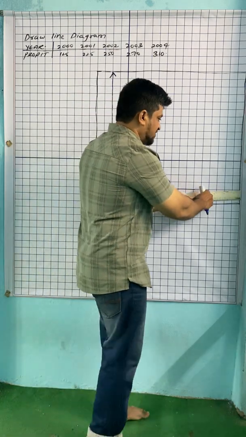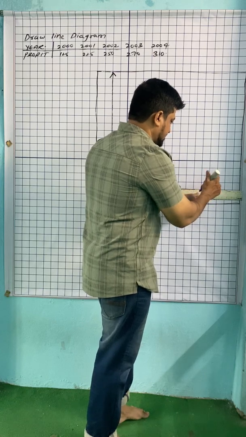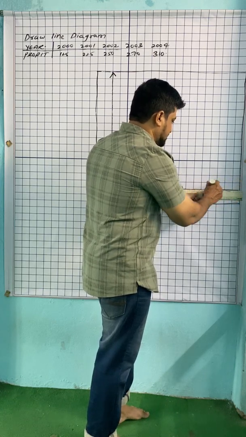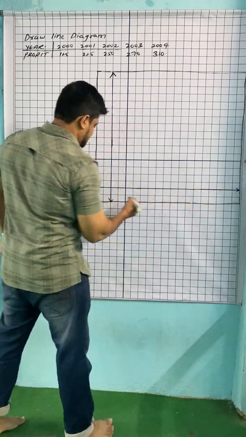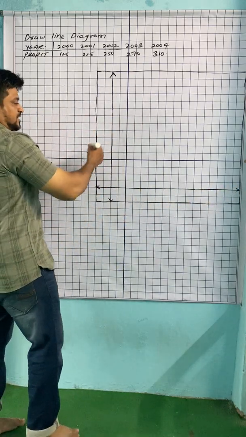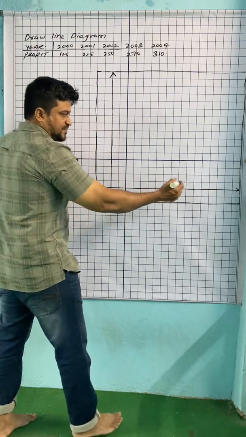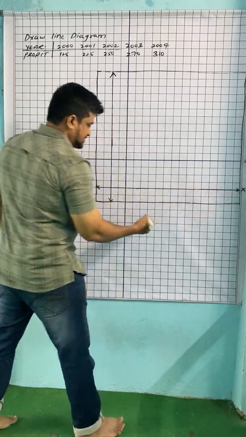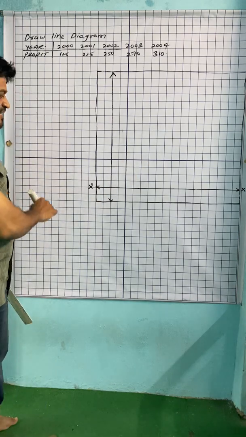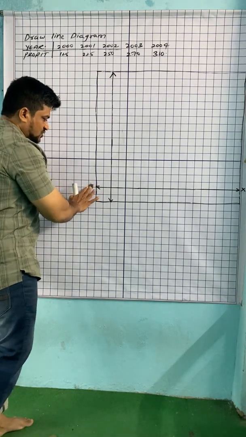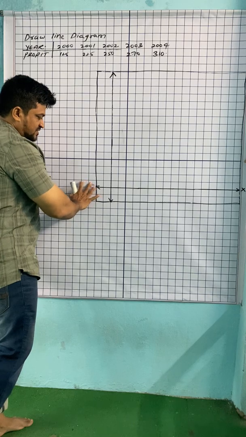From the bottom of the graph, we have to leave 2 lines and take one straight line to the end of the paper. Take an arrow mark here. This line is the x-axis. This is x dash, meaning negative values are there. If you are not taking x dash also, no issue. You can leave this one.